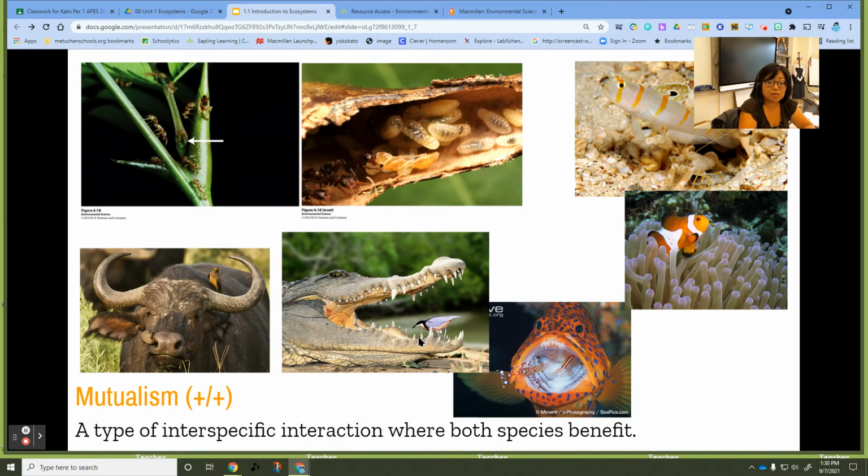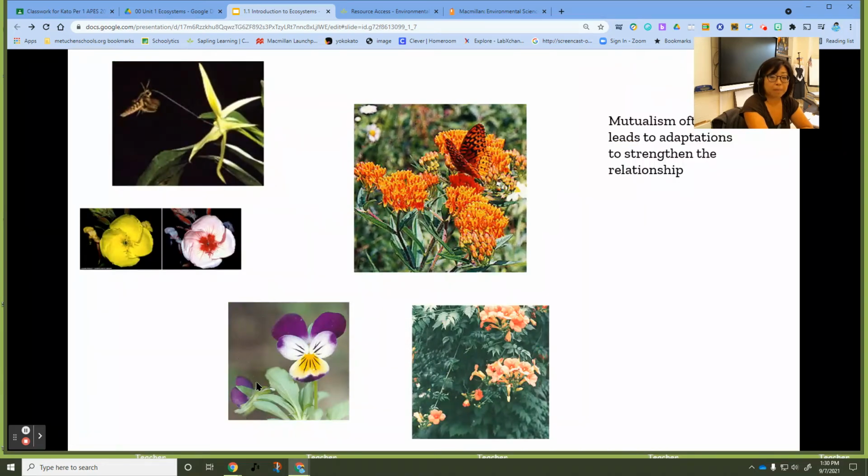So they're getting a little snack, right? And at the same time, these guys are getting a grooming service. So it's a benefit to them. Some of these organisms could easily chop down and eat these guys, but they have a mutual understanding that when they open up in this way, it's an invitation for them to come in and start feeding on them, and they don't chomp down on them. So that's a mutualistic interaction here.